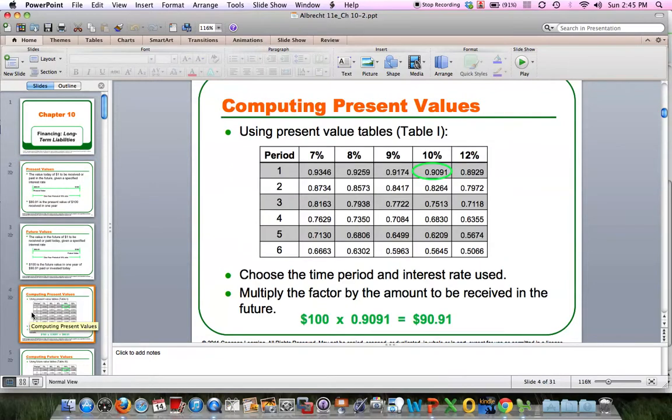That brings us to the concept of present value tables. Calculating present value can be done a couple of different ways. We can use tables like you see here, and those tables are certainly in the book also. Also in the book, they show you the keystrokes to use your financial calculator.